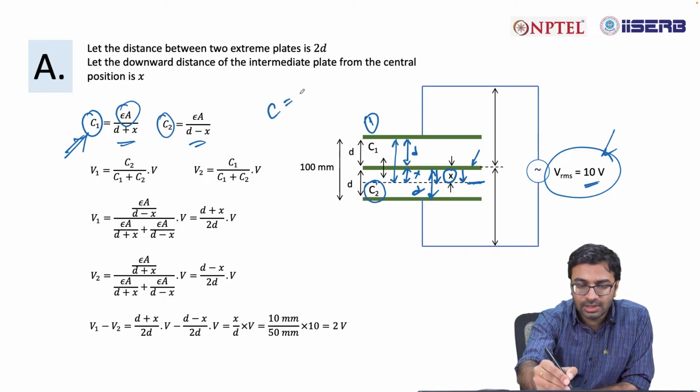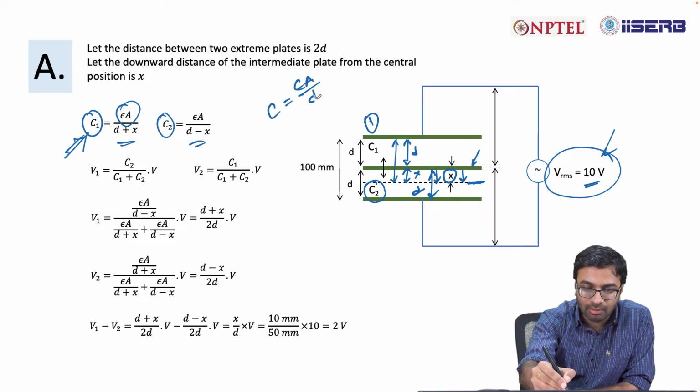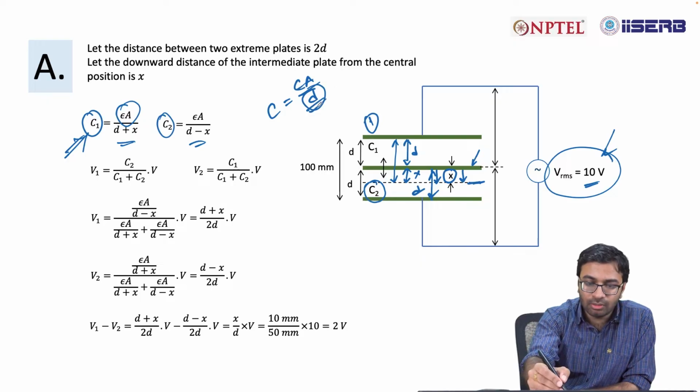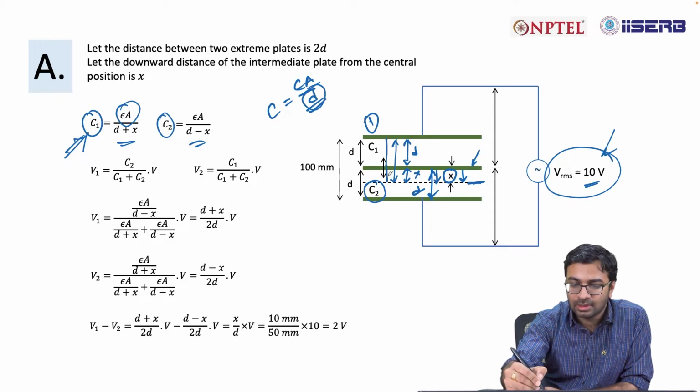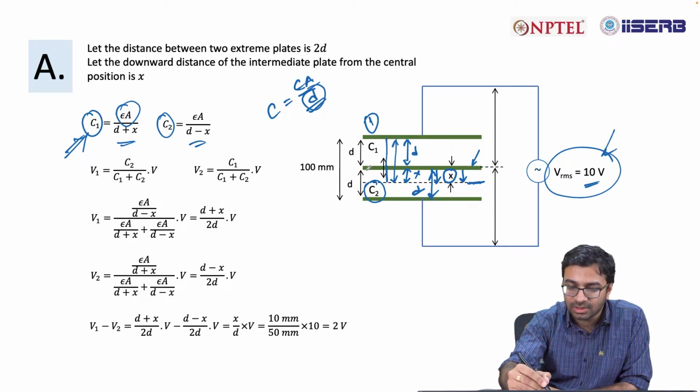We know C is equal to epsilon A by d, where d is the distance. According to the new distance, the distance associated with C1 is now d plus x. However, the distance associated with C2 now is d minus x, because the plate has now moved in the downward direction.